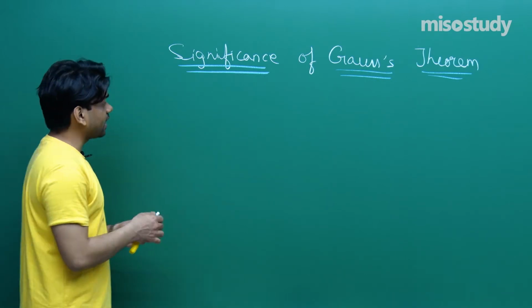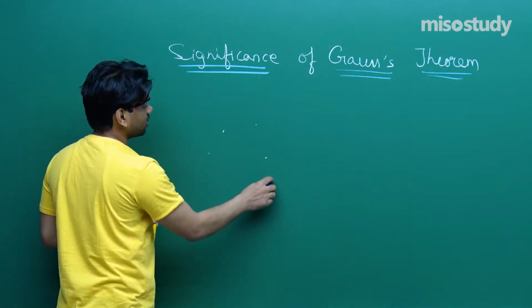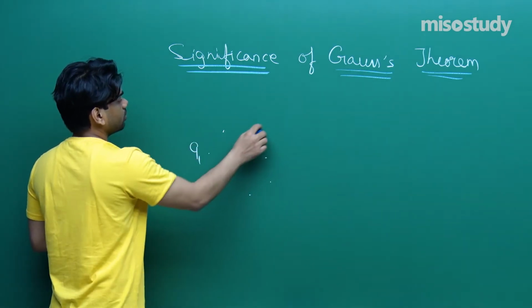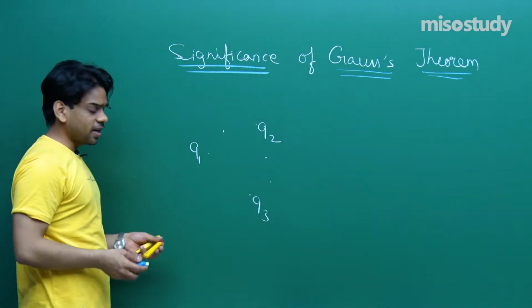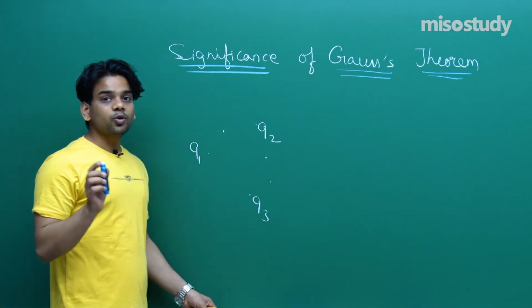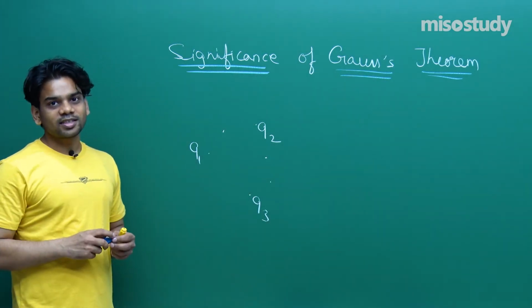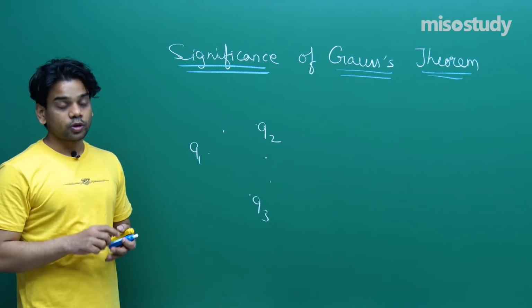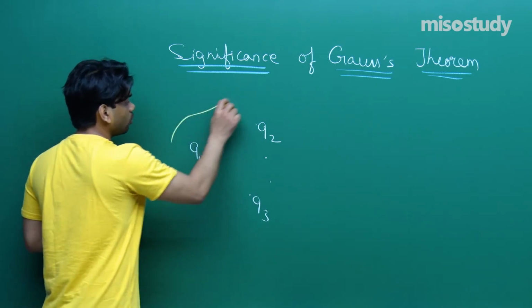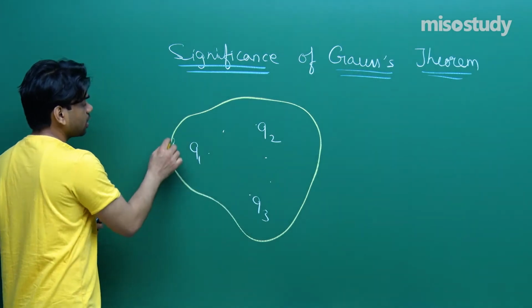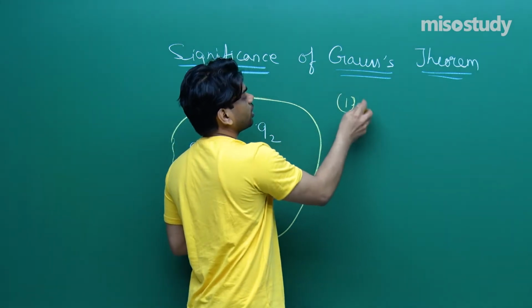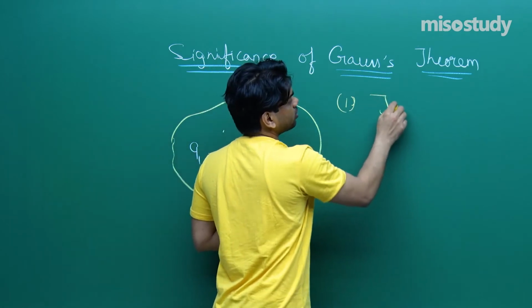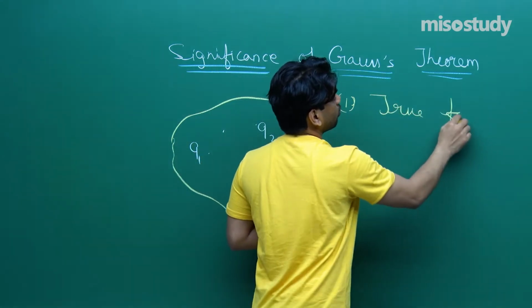If I say that there are so many charges in space, let's say Q1, Q2 and Q3, and n number of charges may be there, first of all you have to enclose these charges with a closed surface. So remember, it's applicable only for a closed surface. If the surface is not closed, we cannot apply it. So we can write that it's true for a closed surface.